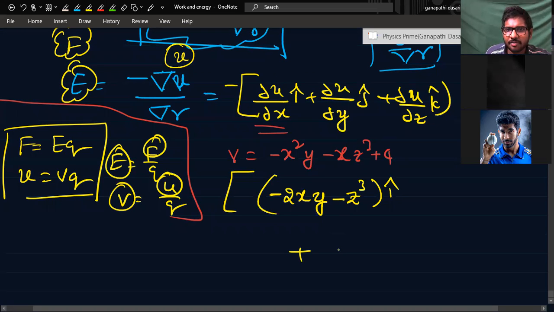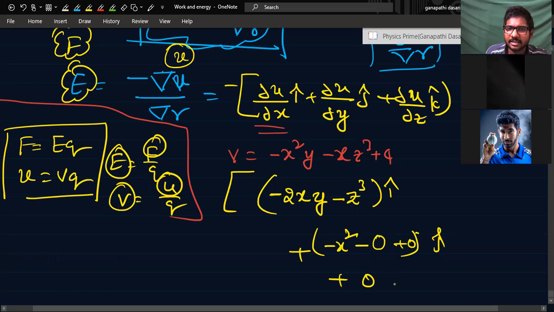With respect to y, if you differentiate, what will happen? Minus x squared. Minus x z cubed with respect to y is 0. That into j cap. Plus this 0 with respect to z: minus 3xz squared, minus 3x squared into k cap.